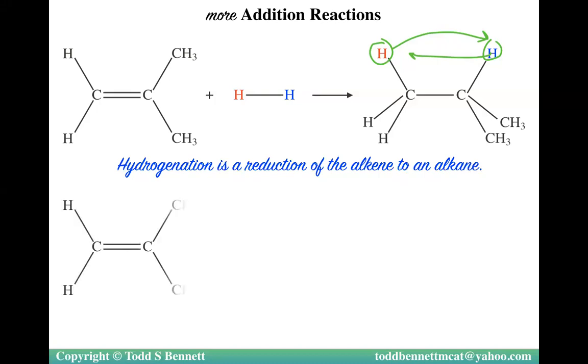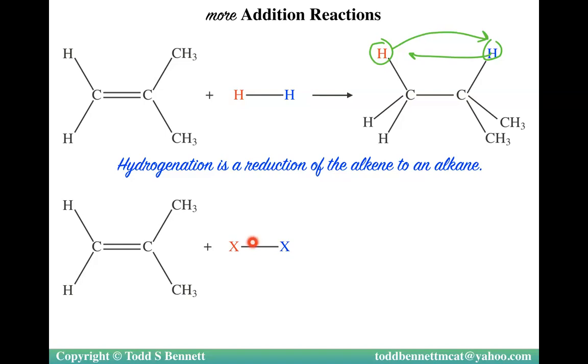Okay, one more to add to this. Just like we can add two H's, we can also add two X's. And again, there's no difference between the two X's initially. So it could be Cl2, Br2. We will learn if you did a Cl and a Br or something like that, that there will be the delta plus and delta minus aspect. And so this is maybe a little more applicable because X represents not just a single atom, but different possible atoms.